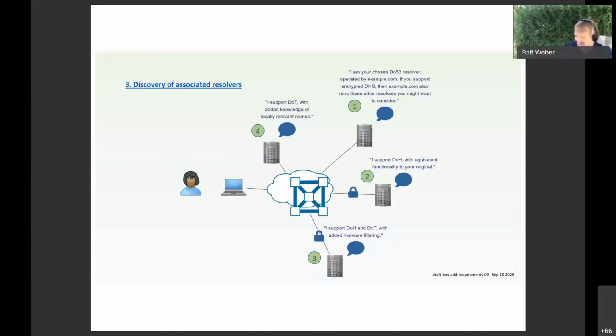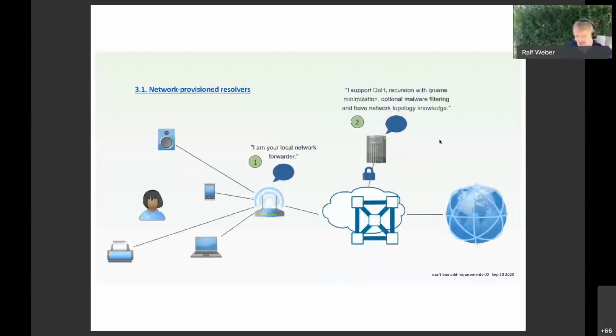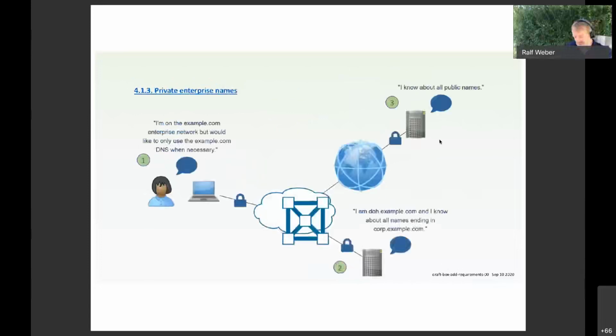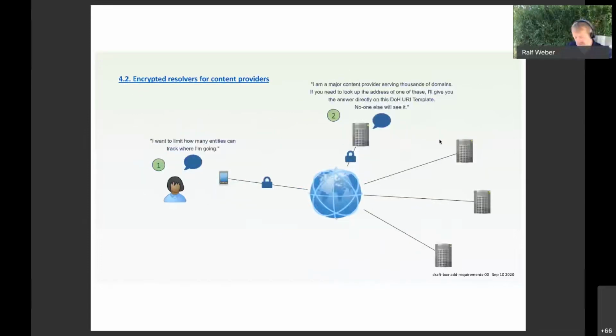On the limited domain resolvers, point 4.2, encrypted resolvers for content providers, even though I'm working for one, I think this muddies the ground in DNS speak, where we normally have resolvers or maybe forwarders, and then the authoritative side. This is something in between, and I believe long-term, operationally, this will make things harder for people to use and debug DNS. So I'm sort of opposed to this.